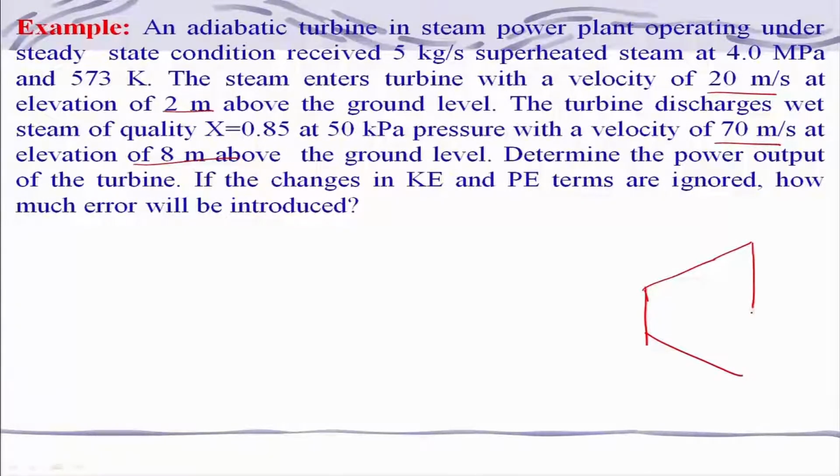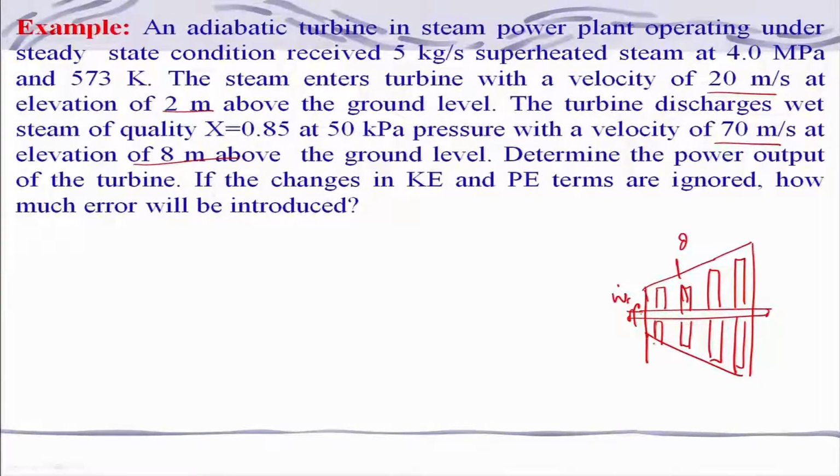So, if you look at, let us say this is your turbine, there are blades, there is a shaft work, and the heat is 0.